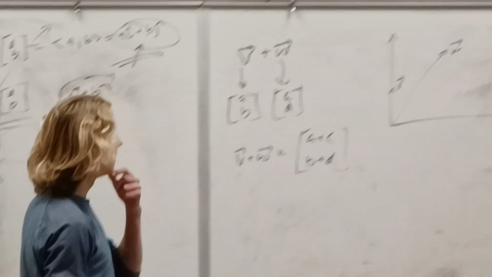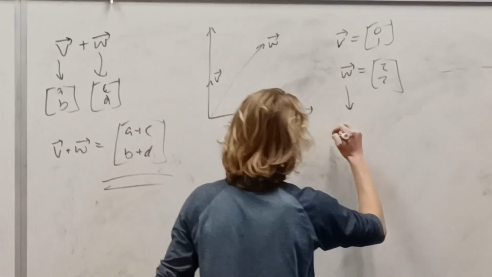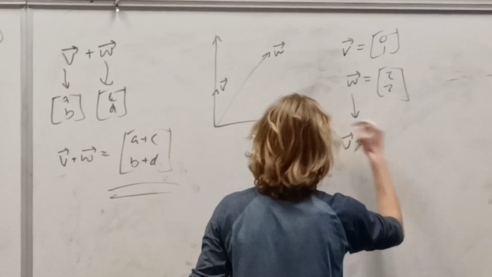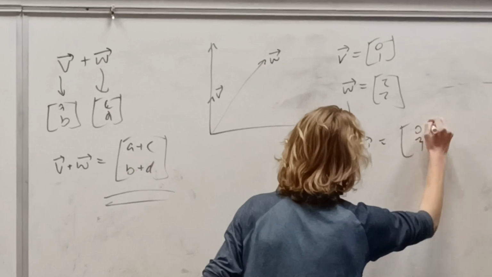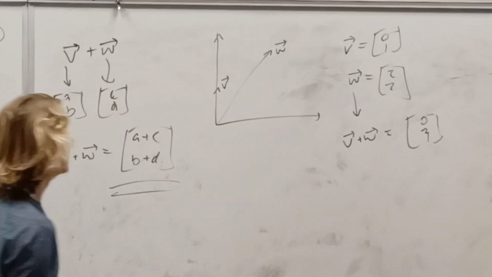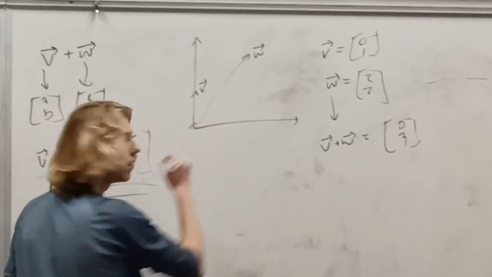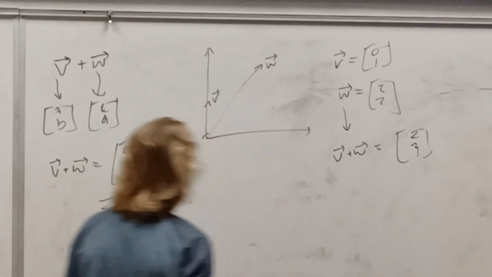This is what it looks like algebraically, and so algebraically our final vector v plus w would just be whatever this is. So it's just 2, 3.